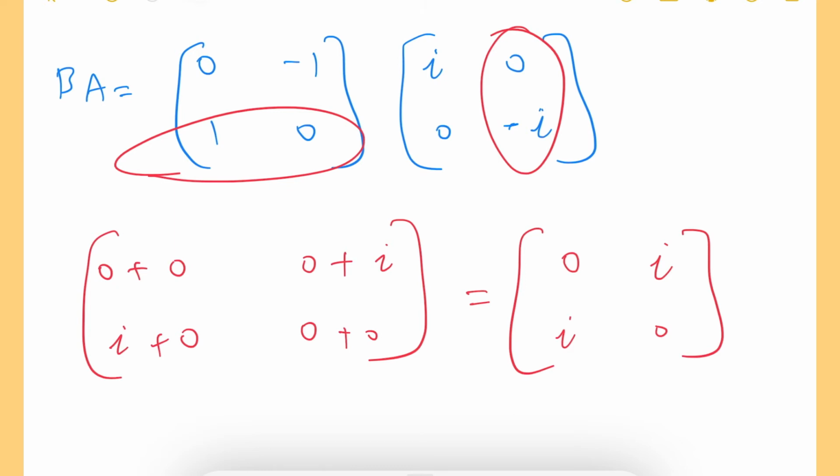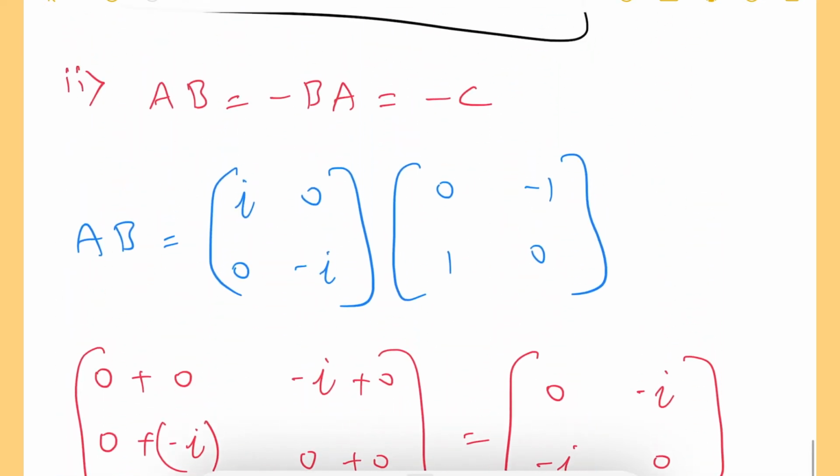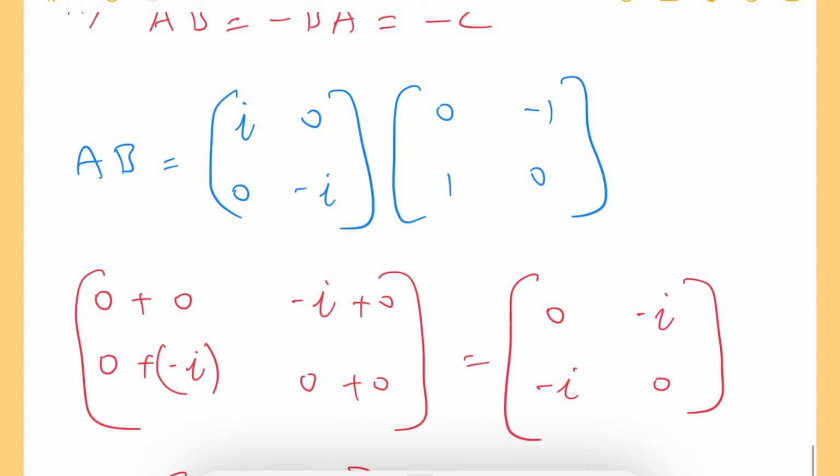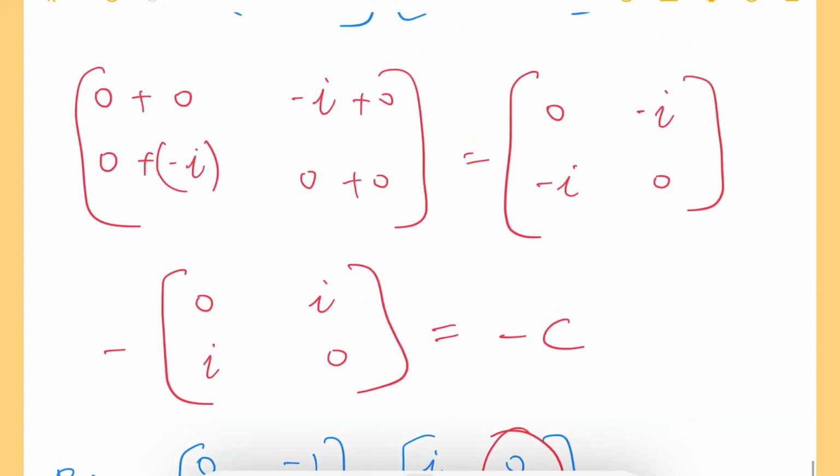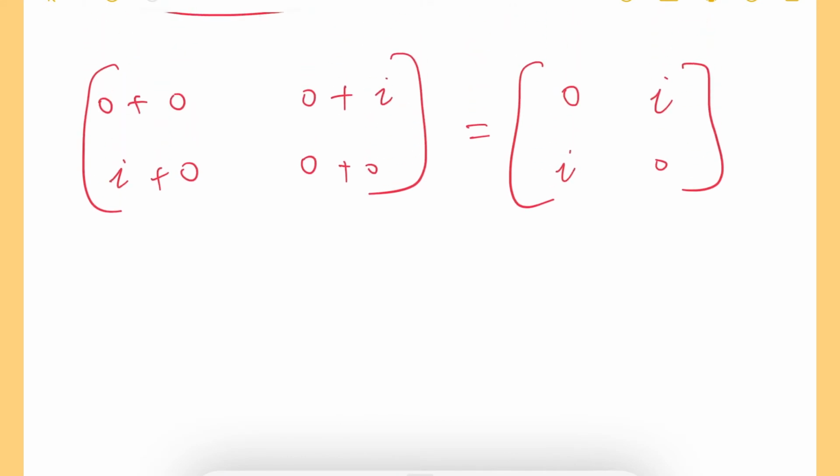Now in the question he is asking to show that AB is exactly equal to minus BA. So the AB value we got as 0 minus I 0, 0 minus I 0. This is the AB value.